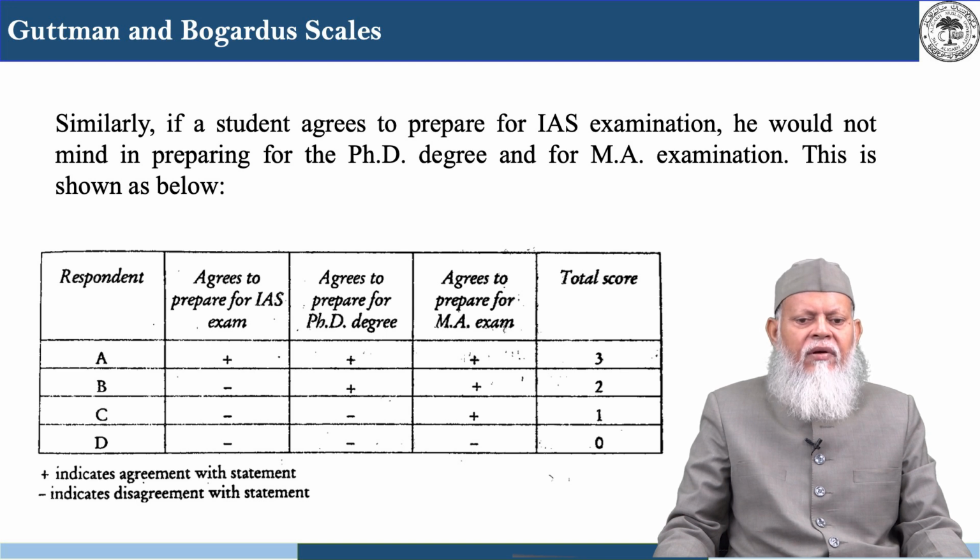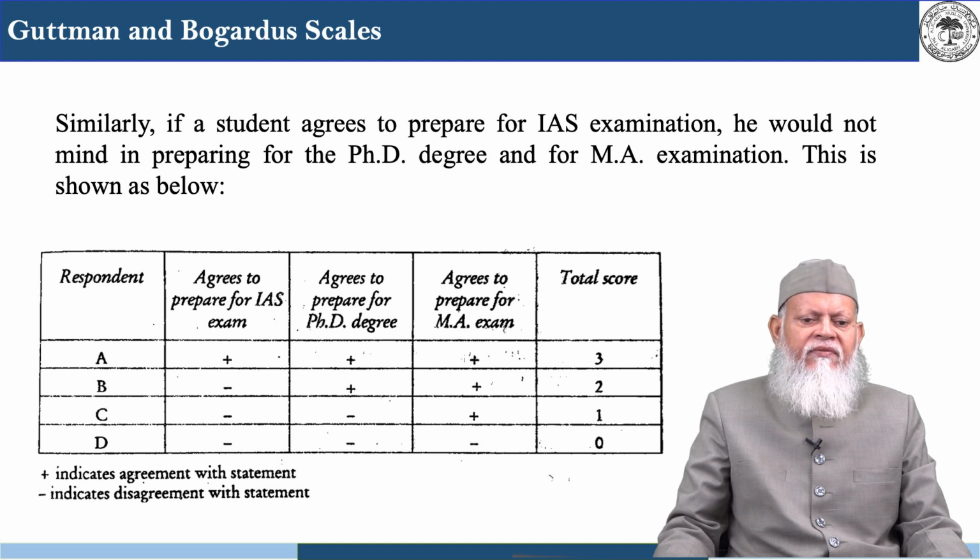The one who agrees for, say, the PhD degree may also agree to prepare for the MA examination. So, 1 negative and 2 positives.